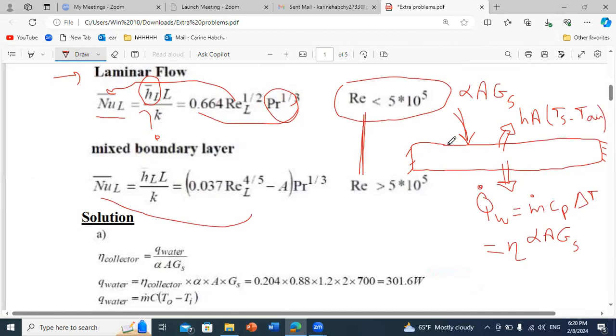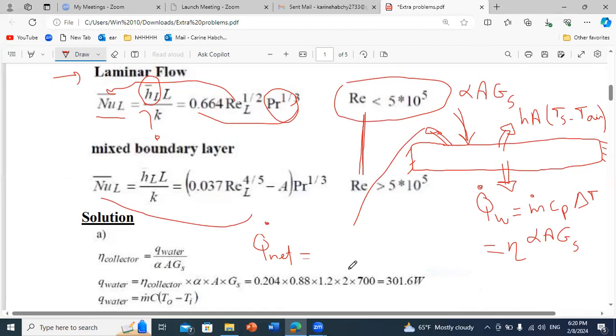And for the net radiation out, you have that Q net radiation is equal, as we said, to the emitted minus the absorbed.